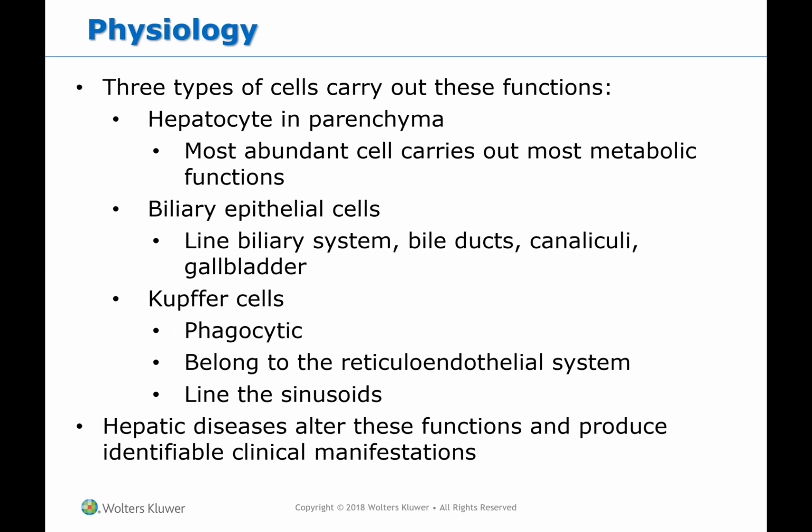There are 3 types of cells that carry out functions. Hepatocyte in the parenchyma is the most abundant cell. Biliary epithelial cells, or Kupffer cells. Hepatic diseases alter these functions and produce identifiable clinical manifestations.